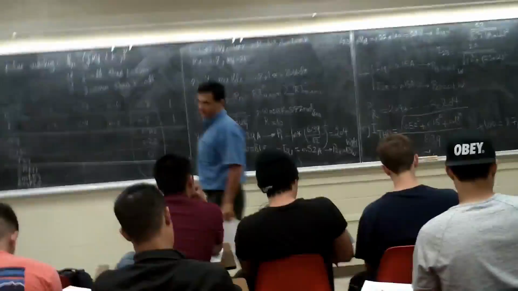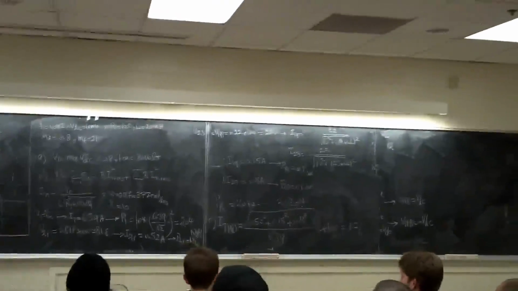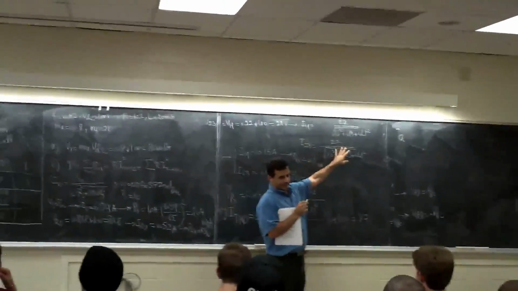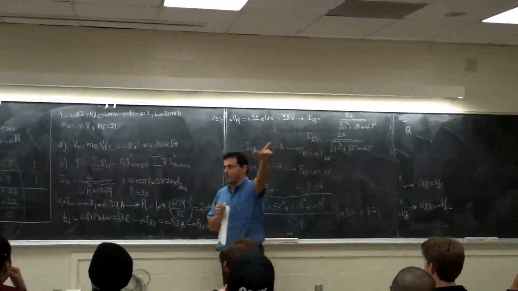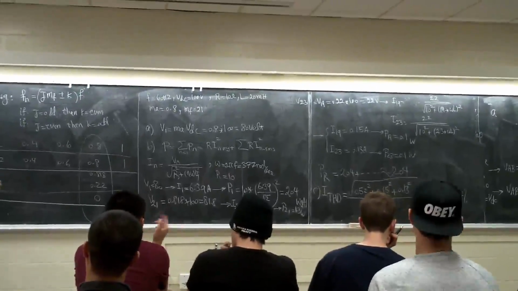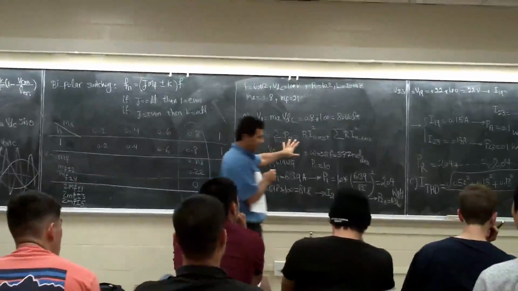If you want to make it better, let's assume there is no resistor to make our life easier, right? If I make the MF 2 times, instead of going at 21, I go 42. What is going to happen? The voltage is not going to change, right?